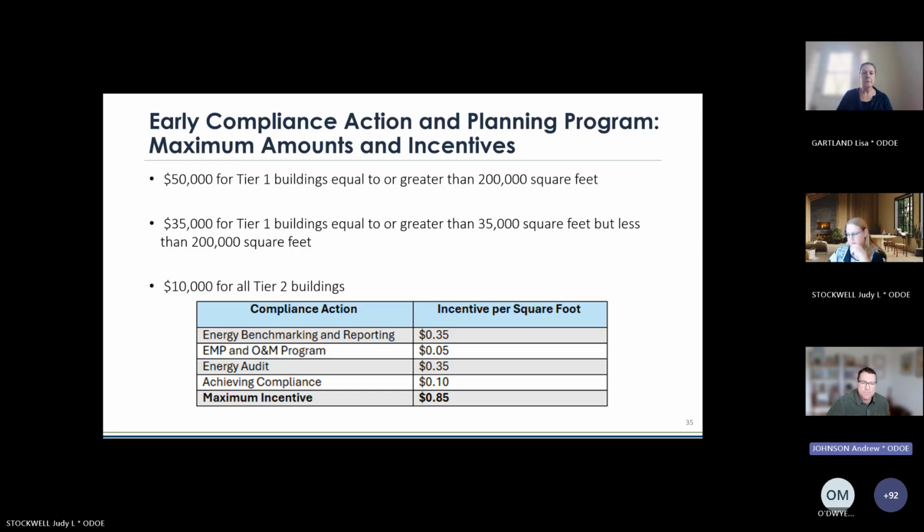And there are 4 compliance actions available: energy benchmarking and reporting for 35 cents per square foot, energy management plan and operations and maintenance program for 5 cents per square foot, energy audit for 35 cents per square foot, and achieving compliance for 10 cents per square foot. You can apply for all 4 compliance actions if you like. You just need to keep in mind there are the maximum amounts per application. Next slide.